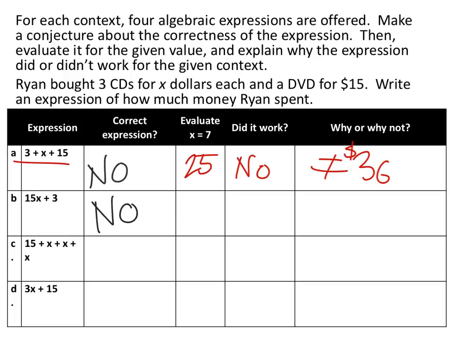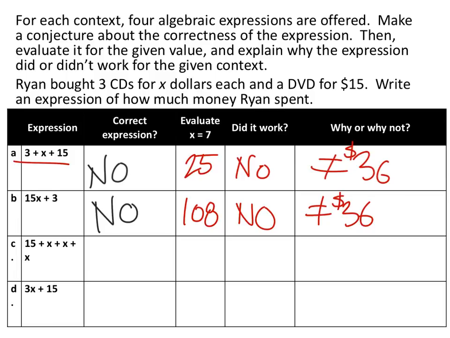And if we solved it, 15 times the 7 would be 105 plus the 3. That would be 108. So did it work? No, it did not. Because once again, it needs to equal $36. And for the other reasons that I said, right? We're not buying 15 CDs.